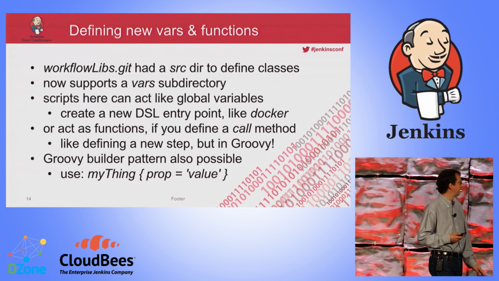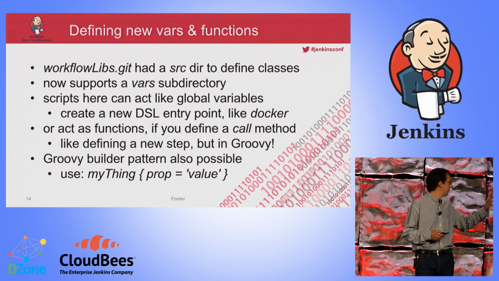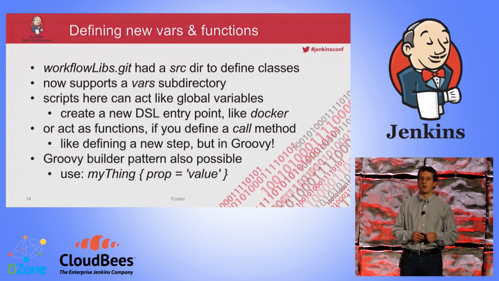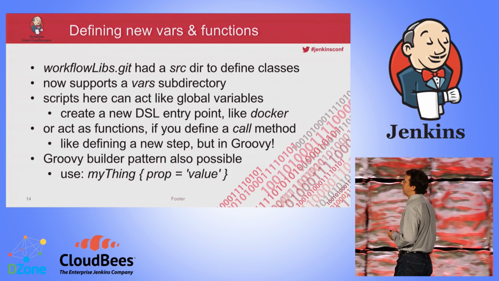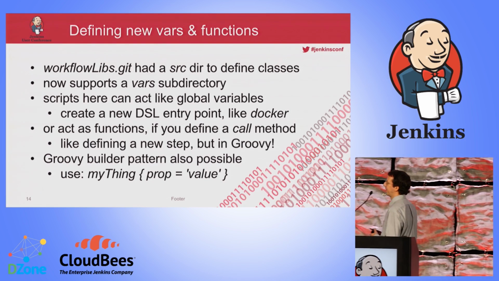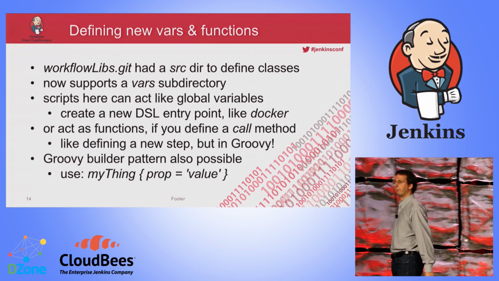And with the Groovy language, a function and a variable are pretty much the same. A function is just something with a call method. So if you define a method with the special name call, then you've just defined something that looks like a new function, and that means that it looks like a new workflow step.